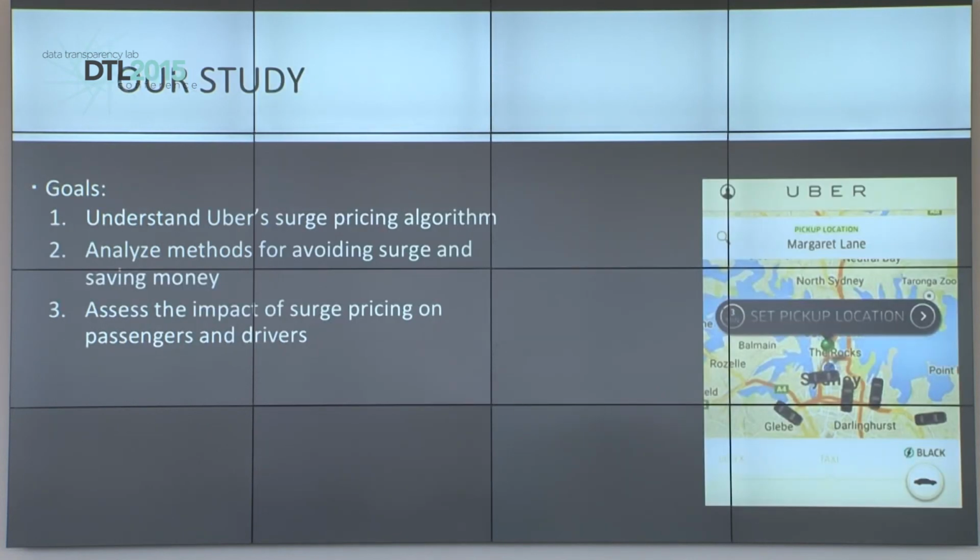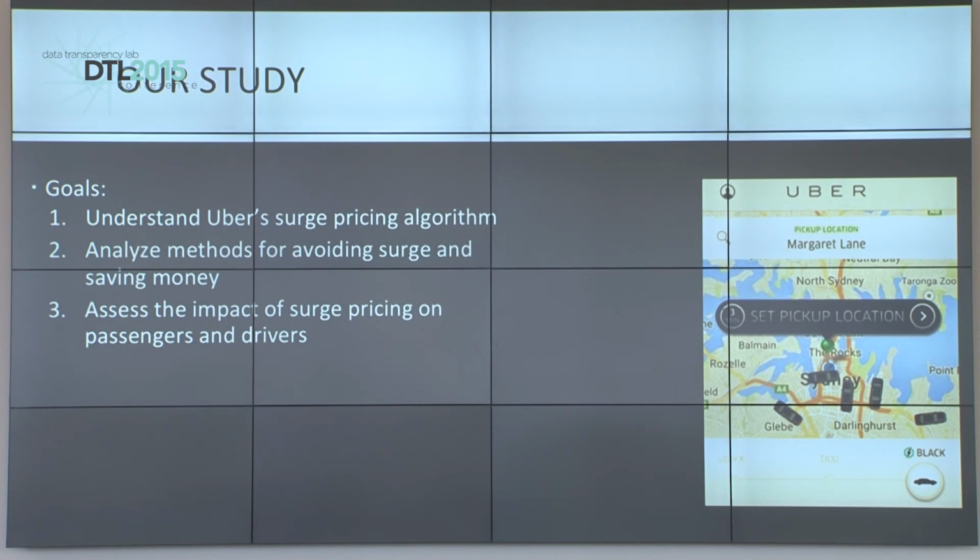So the question for our study is, given that this kind of black box dynamic pricing system is now so popular, we really want to understand, how does Uber actually work? So the goals of our study are the following. First, we want to understand, how is surge pricing actually implemented? How does the system work? Once we figure out how it works, then we can start looking at workarounds.